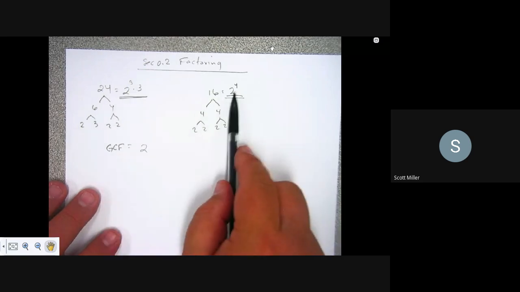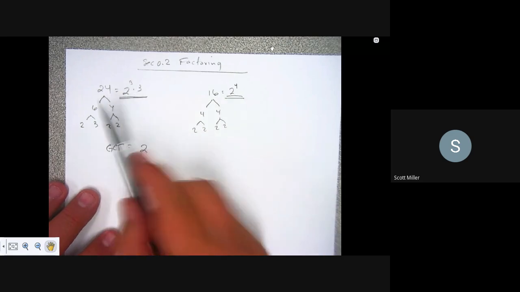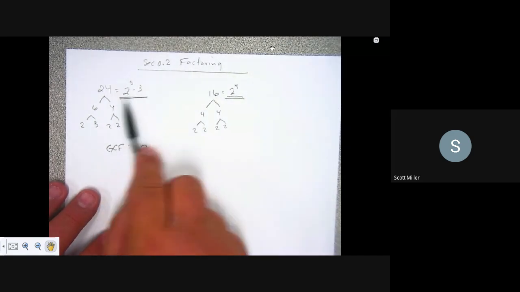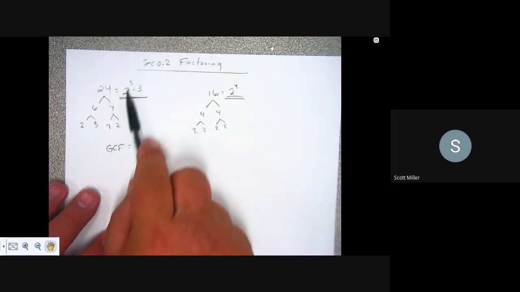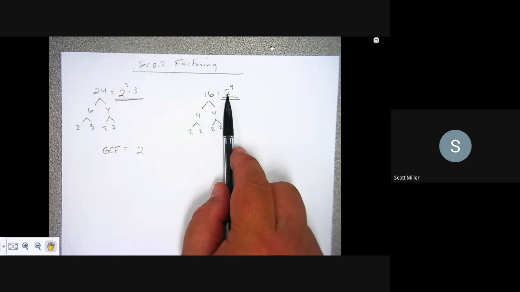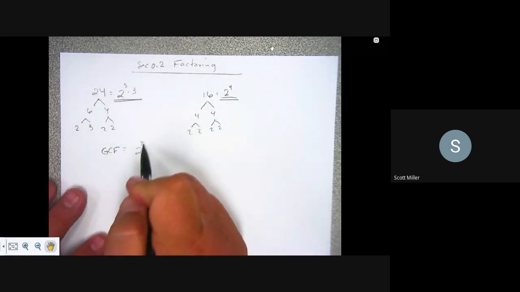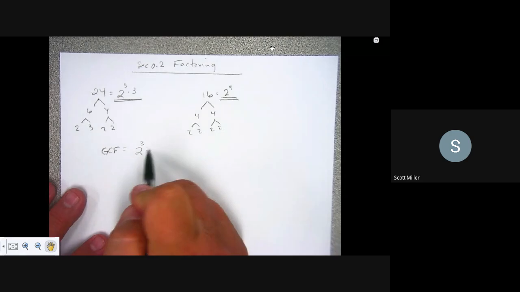This is a 2 to the fourth. 2 to the fourth cannot divide into this because there are only 3 2's here. There's not 4. But this one has 3 2's, right? 2 to the third means 2 times 2 times 2. And this one actually has 4, so it has 3. So the actual GCF is the smallest exponent on that, or 2 to the third power, which we know to be 8.